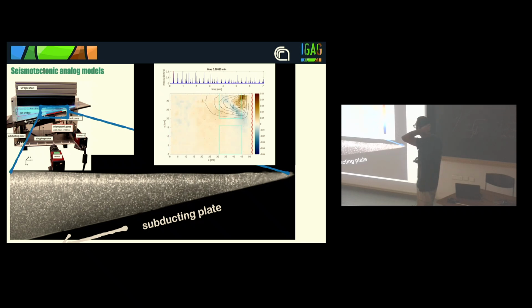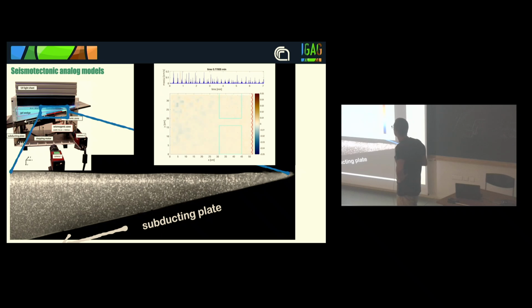In the next couple of slides, I will come back to the details of the monitoring of the experiment. And in this video in particular, we see with the background shading the trench parallel component of the rupture, and with the black contour the trench orthogonal component.